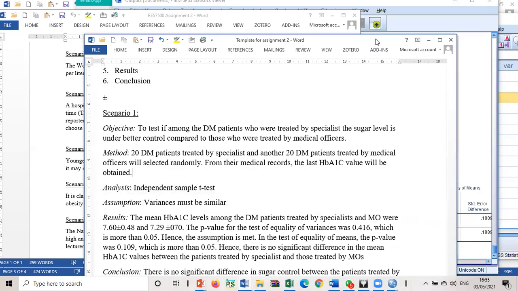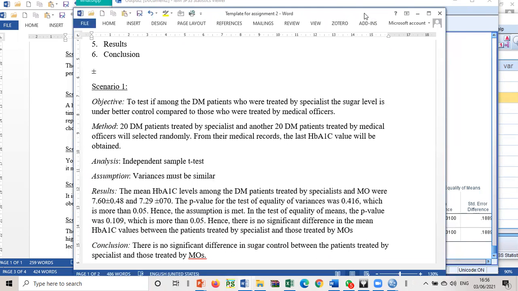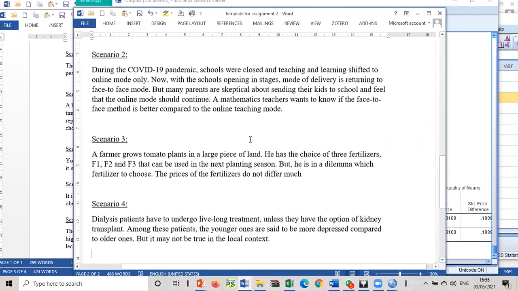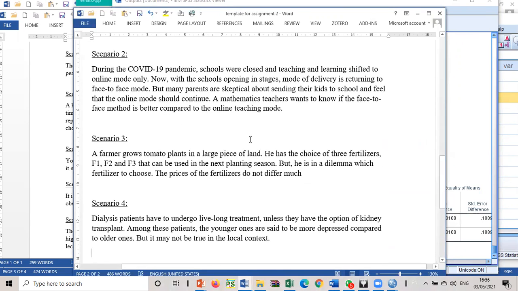Are you okay with this? I'll send you this and also the recording. I'll send you both. You make best use of it. Remember, this is 25%. Already done one. For the remainder, there are 5 scenarios. Each one will carry 5 marks.